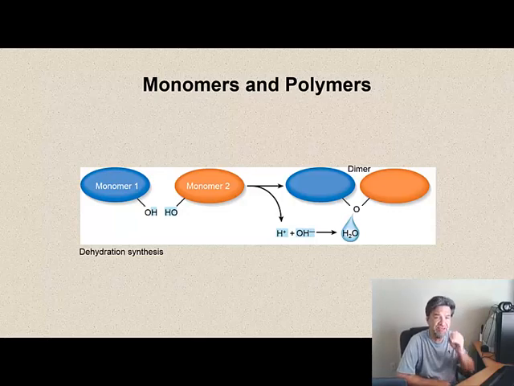So we take basic units called monomers, typically fairly energy poor, and we add one monomer to another, and we get a polymer, right? As we begin adding more and more monomers, which are single, mono, single, poly, many, we add them together to form these larger molecules.